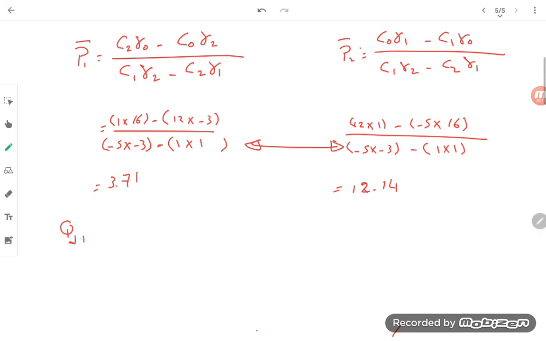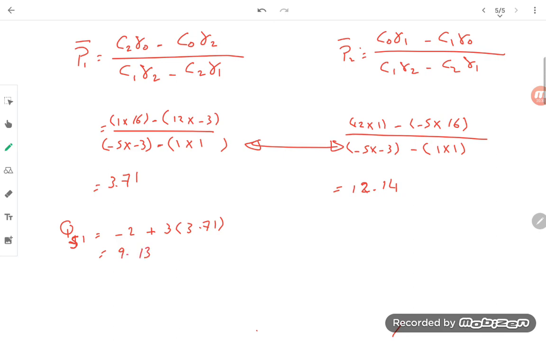So if we are substituting QS, it will be negative 2 plus 3 multiplied by P1, which is 3.71. So the equilibrium quantity will be 9.13.